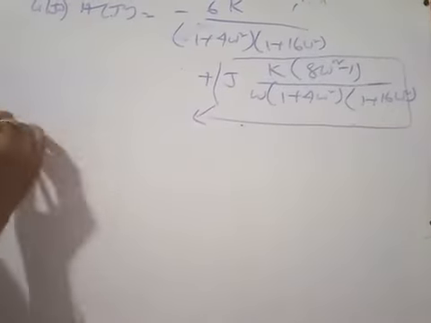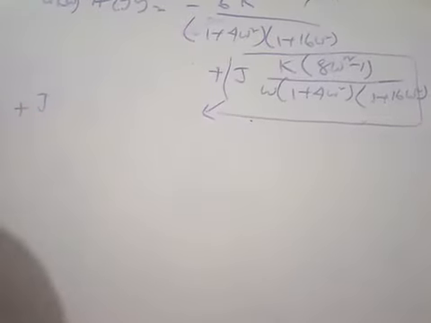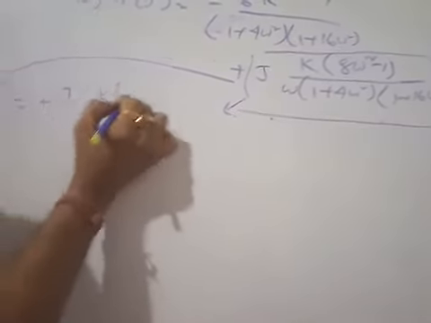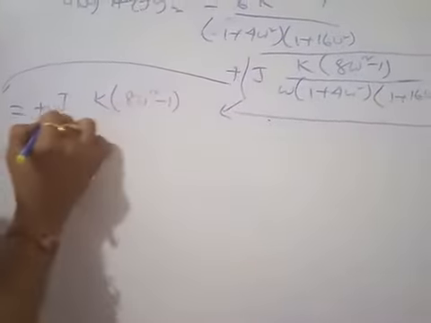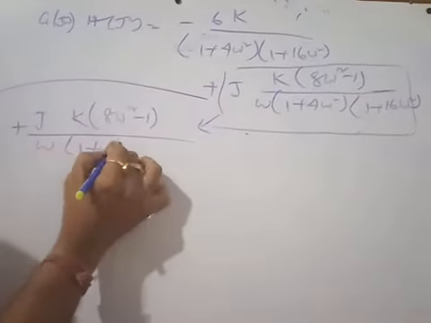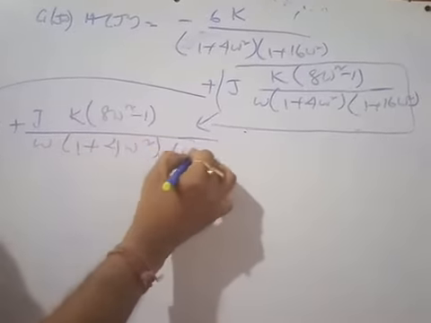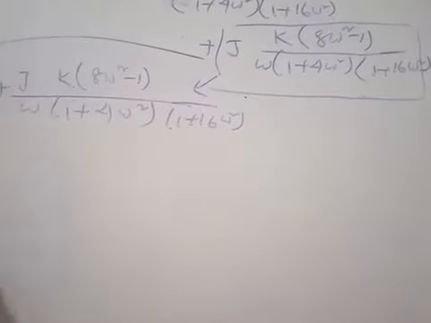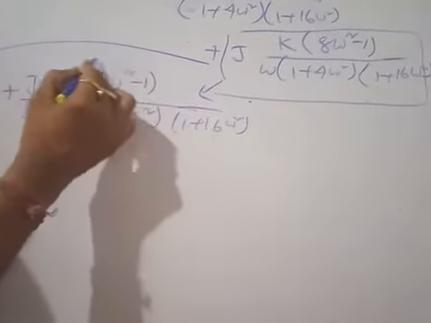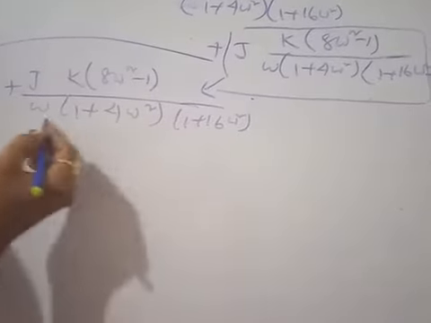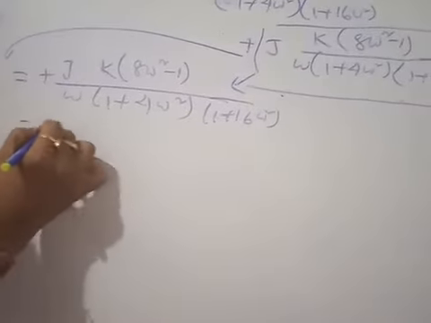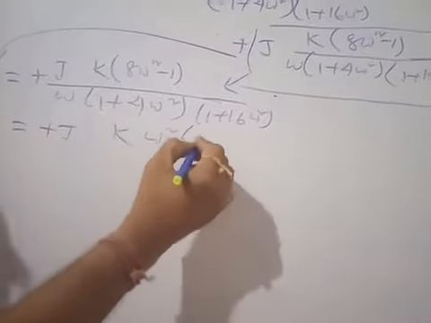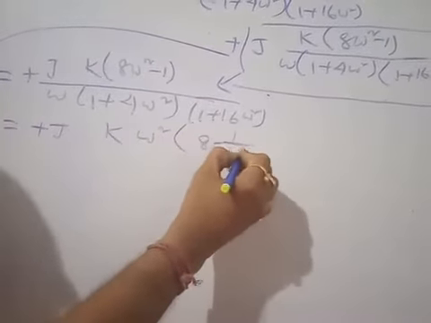So we take this term as plus j k into (8 omega square minus 1) into omega, divided by (1 plus 4 omega square) into (1 plus 16 omega square). What you have to do is take the highest power of omega square. The highest power in the numerator is omega square, take it out as the common factor. So this is plus j k, and if omega square is taken out, we get 8 minus 1 by omega square.